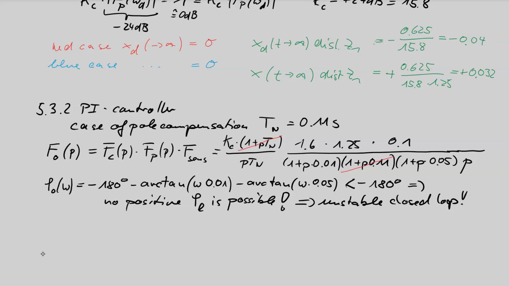So it is very dangerous to apply pole compensation in this situation. Dangerous, because if you do that, then automatically in a closed loop system you lose control and the output does what it wants. You lose control.